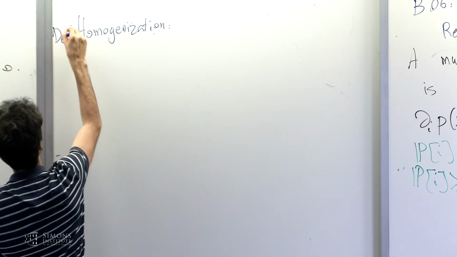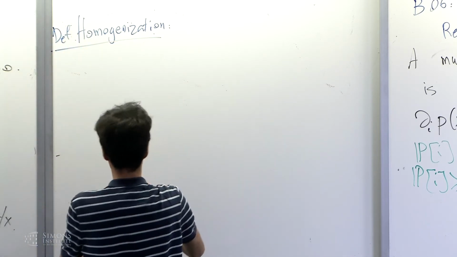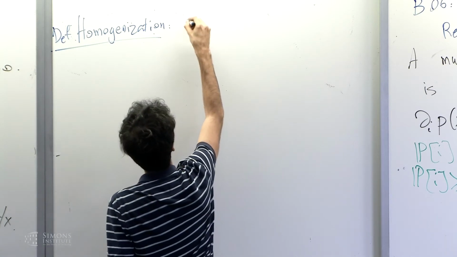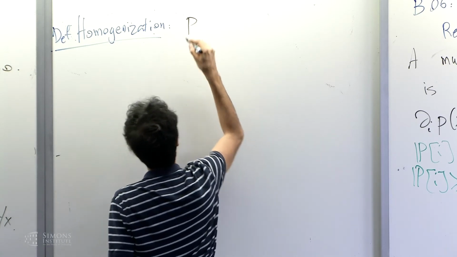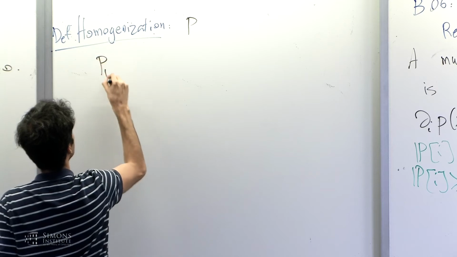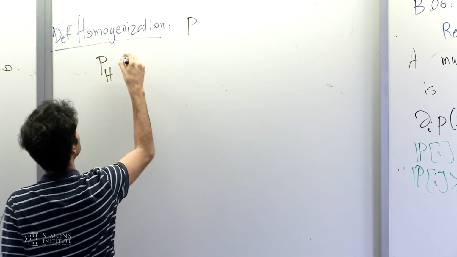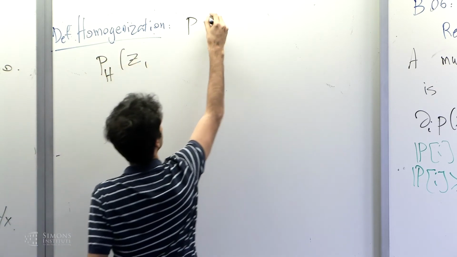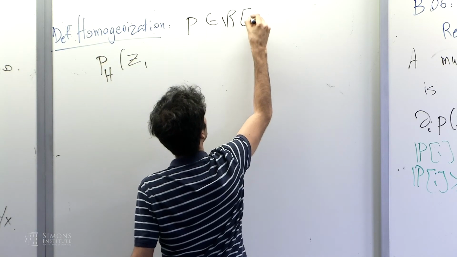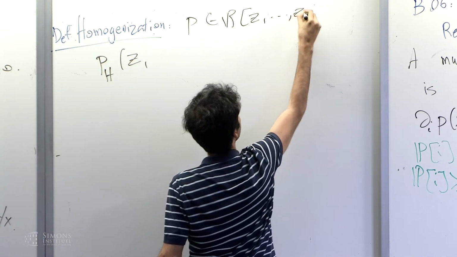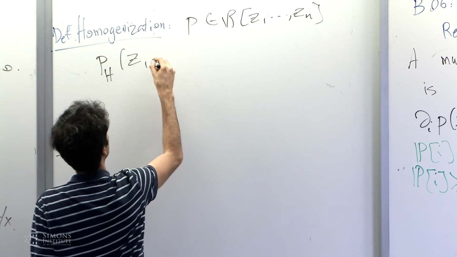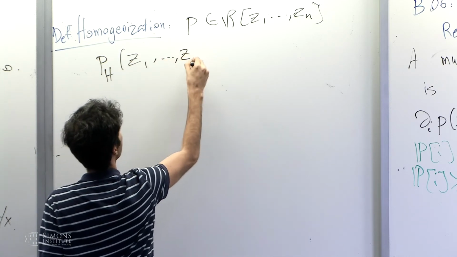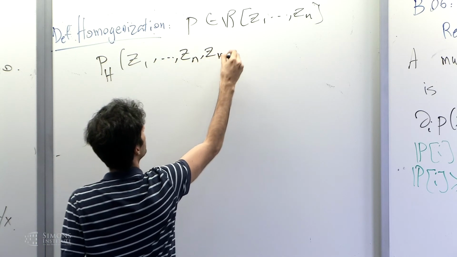Definitions. Say again you have a polynomial P. The homogenization of P is defined as follows. Let P be a polynomial on n variables, z1 up to zn. The homogenization of P is defined on one more variable, so we add one more variable to make it homogeneous.